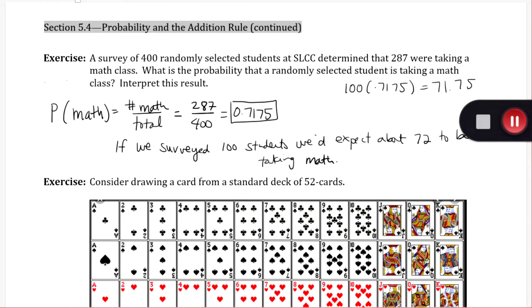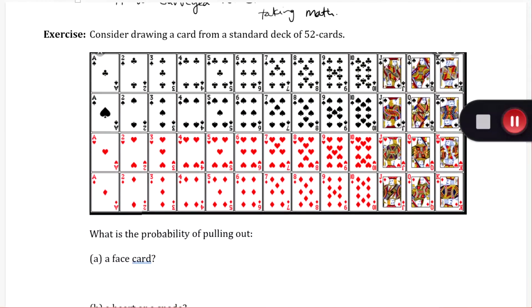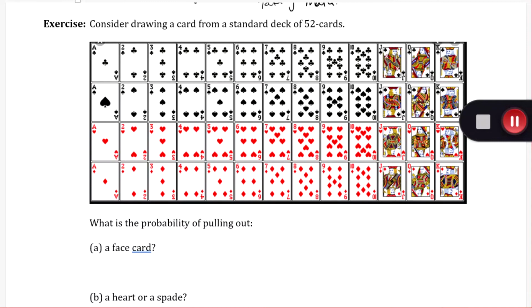These next few exercises are about a standard deck of cards. So there are 4 suits, the clubs, spades, hearts, and diamonds.